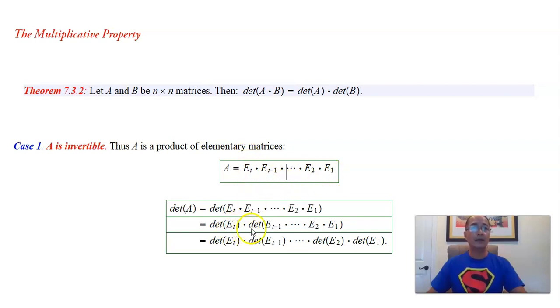We can factor out E_t and then E_{t-1}, and keep going until we factor it all the way down to E_1. Last time though, we had the A over here and the R over here. It's slightly different this time. But since A is invertible, A can be written as a product of elementary matrices. That's where we start.